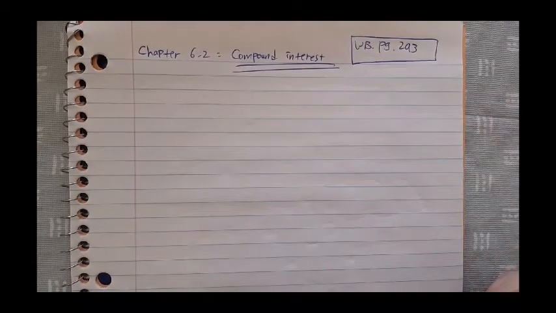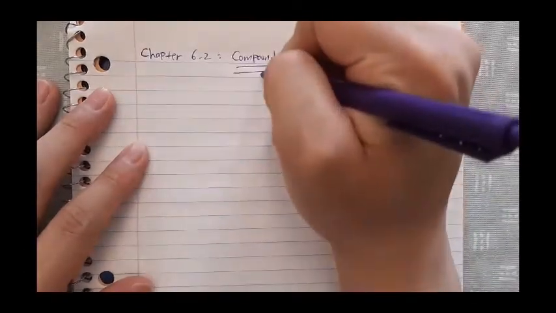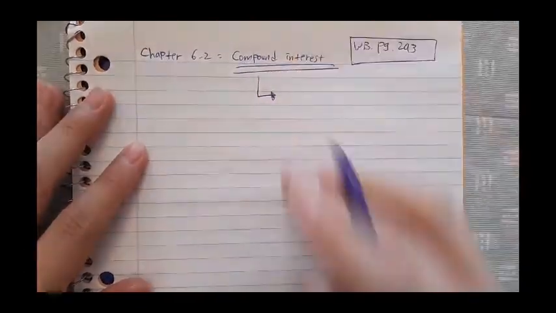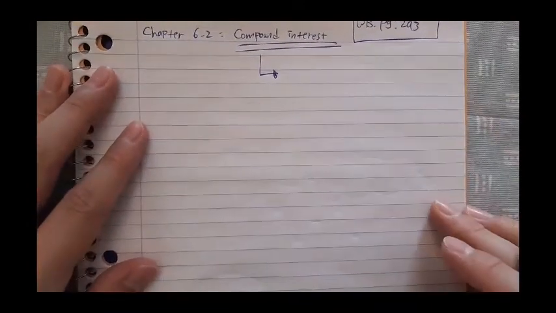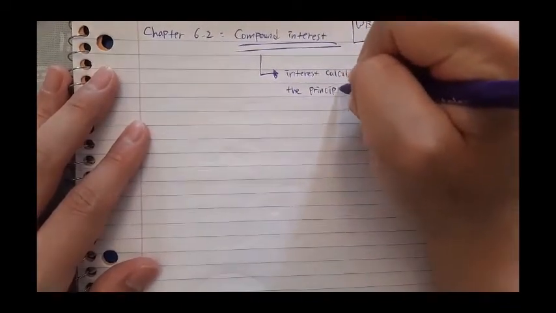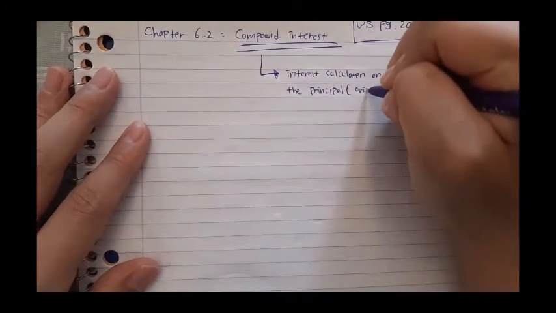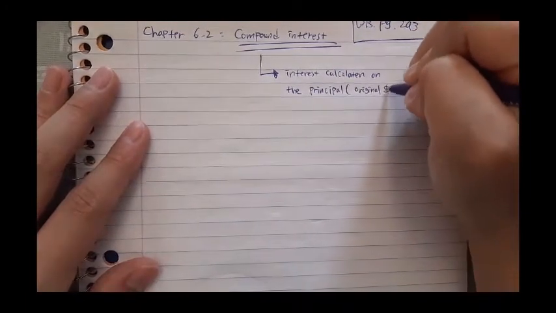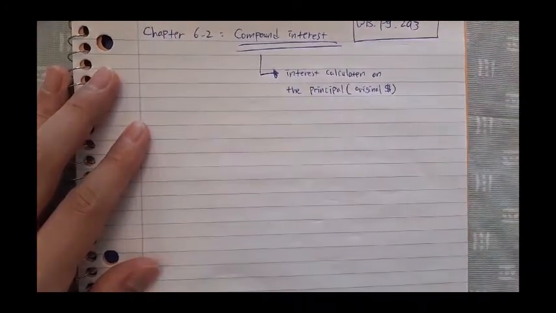What we're learning today is compound interest. So let's first talk about what compound interest is. Compound interest is basically interest calculated on the principal, like I mentioned, the original money that you borrow or invest, whatever the situation.